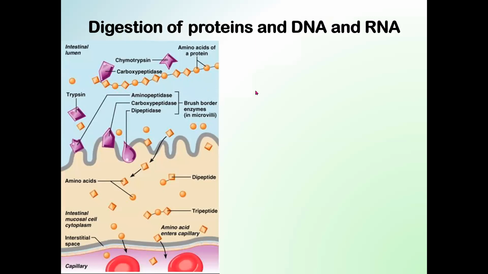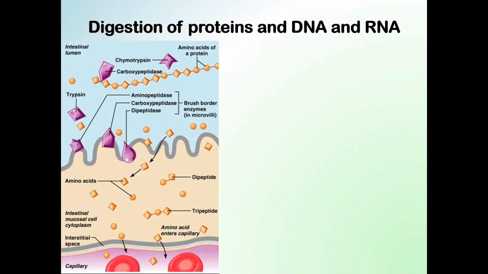But this diagram is for DNA and RNA. It also gets broken down. DNA is big, they get broken down into dipeptides and single amino acids. By the way, a dipeptide is just two amino acids, and the bond that holds two amino acids together is called a peptide bond.